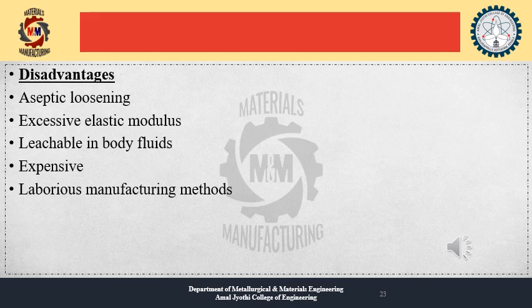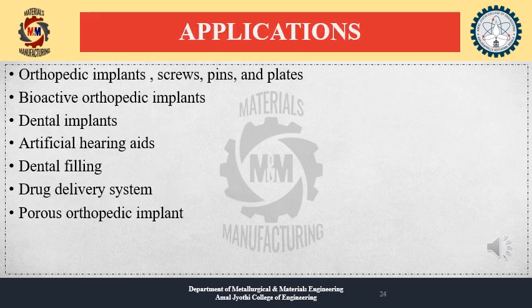The materials are very expensive and manufacturing methods are laborious. Applications of biomaterials. Biomaterials are usually used in medical industries for the production of orthopedic implants, screws, pins, and plates, bioactive orthopedic implants, dental implants, artificial hearing aids, dental filling, drug delivery systems, and porous orthopedic implants.